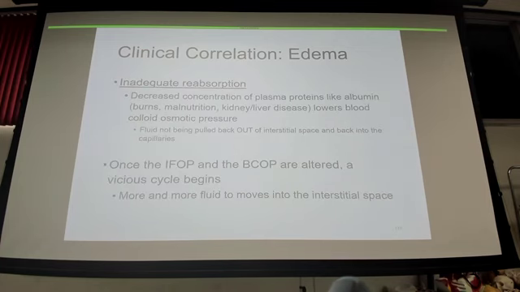And then, if we have inadequate reabsorption, which is another reason, and I'll give you a couple of examples here, and that has to do with albumin again. So, let's say in a person who has a kidney disorder, we'll just leave it at kidney disorder.